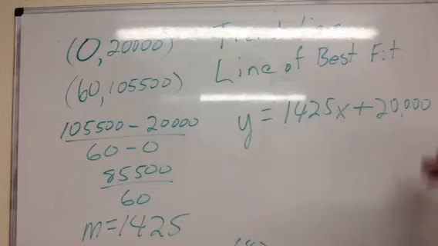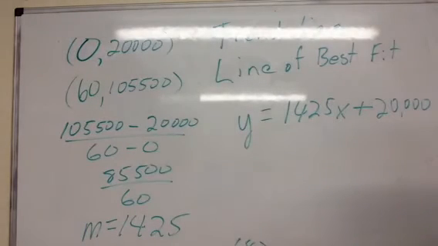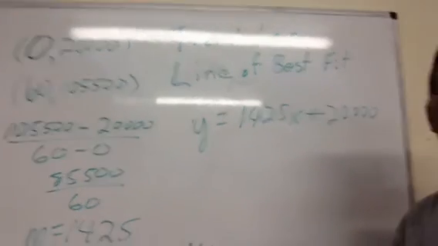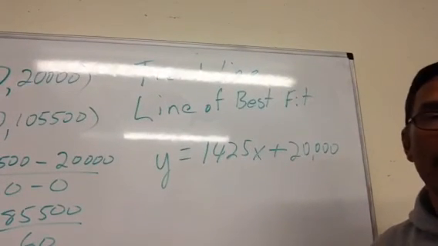That was our y-intercept. And there's our fit. If we didn't know that, we could do y minus y1 equals our slope times x minus x1, and we can get it that way as well. So, there's our line of best fit from our original graph.